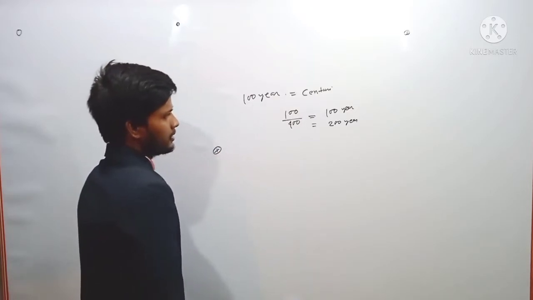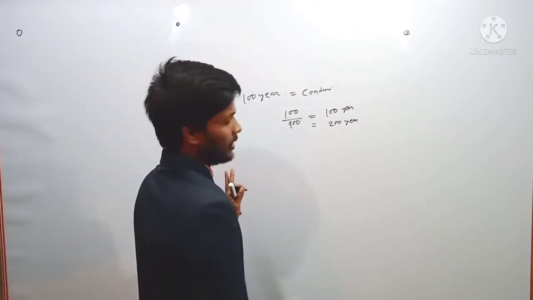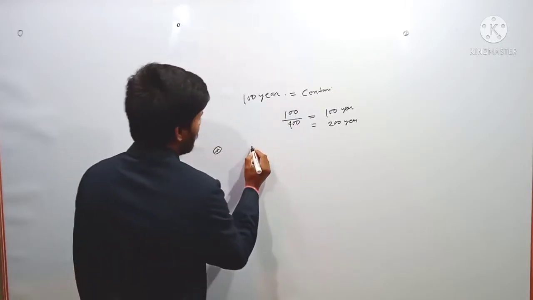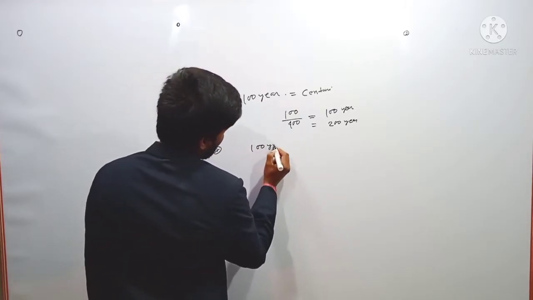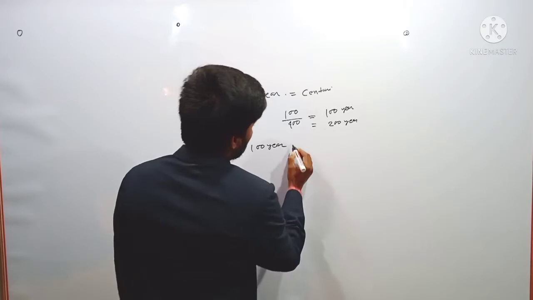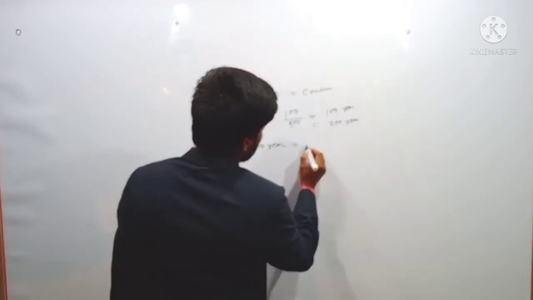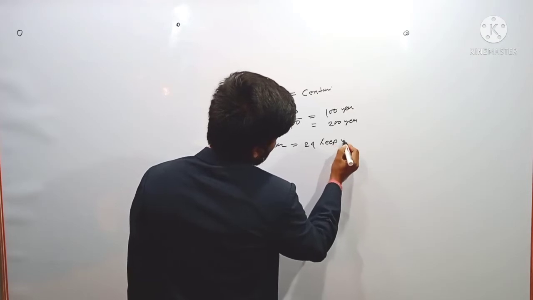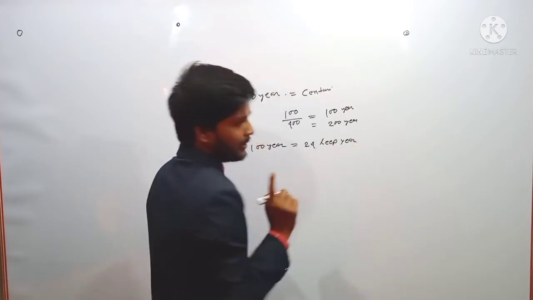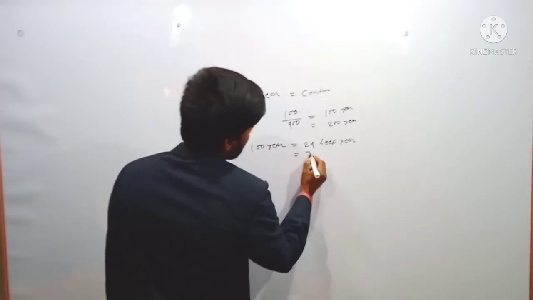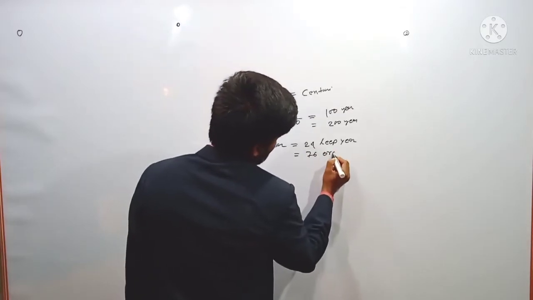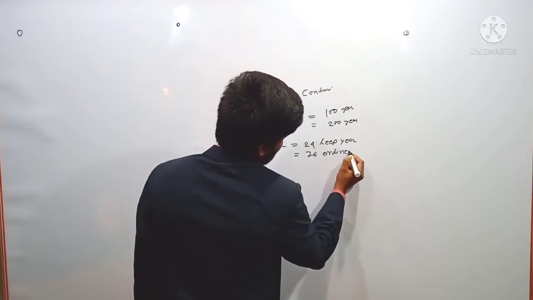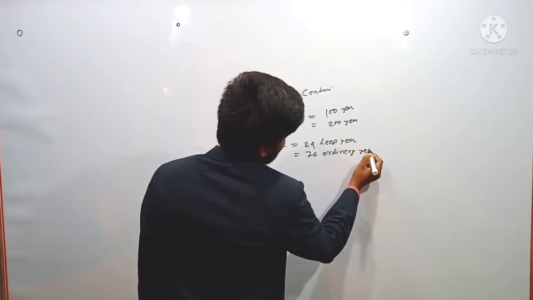I will discuss 100 years. In 100 years, there are 24 leap years and 76 ordinary years.